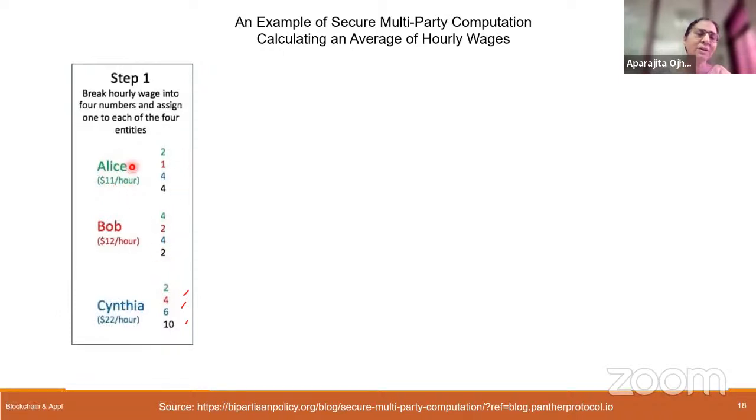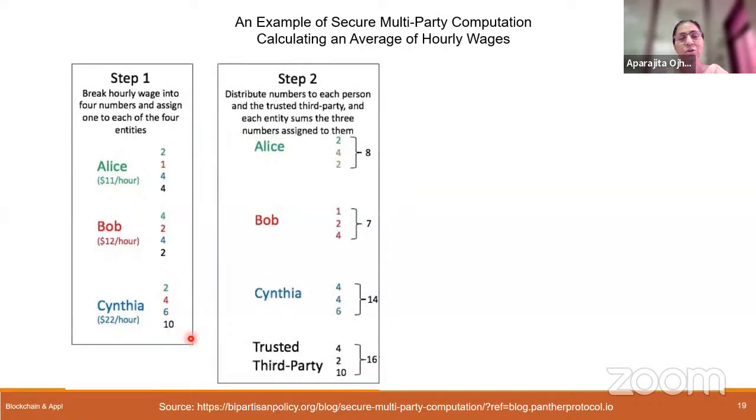All this will be shared with Alice. The red, the second red here, that is 1, 2, 4, will be shared with Bob. The 4, the third 4 here, and 6 will be shared with Cynthia. And the fourth part that is put in black, 4, 2, and 10, will be shared with the trusted third party.